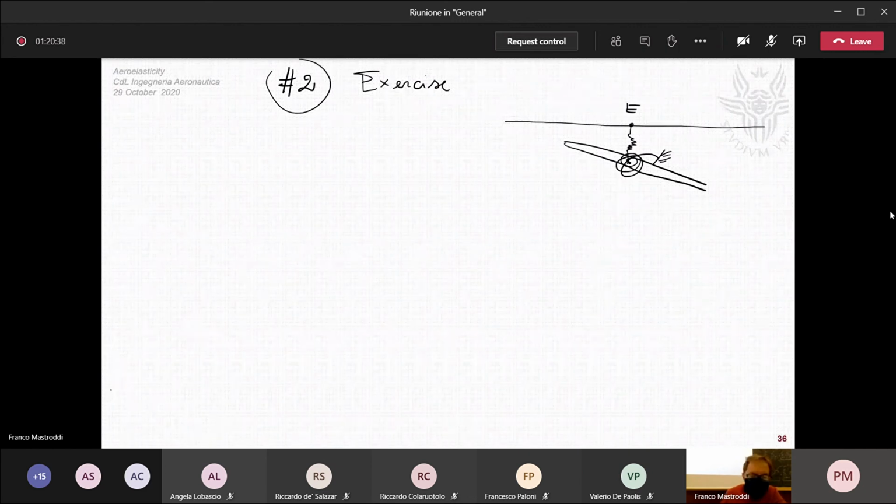In the undeformed configuration, this airfoil is here. So this is the deformed configuration, and in this deformed configuration you have a vertical displacement and a rotation.